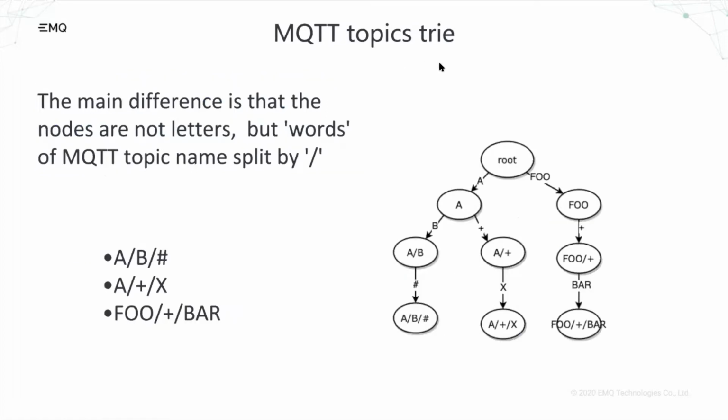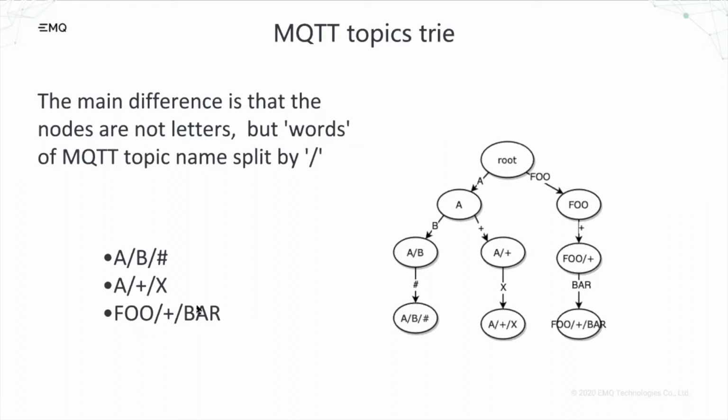So what does a Trie mean for MQTT? Well, MQTT topics are a sequence of words split by the slash symbol. In this case, we have three topics, and we can build this tree like this. The main difference compared to the typical Trie use case is that the nodes are words, not letters.